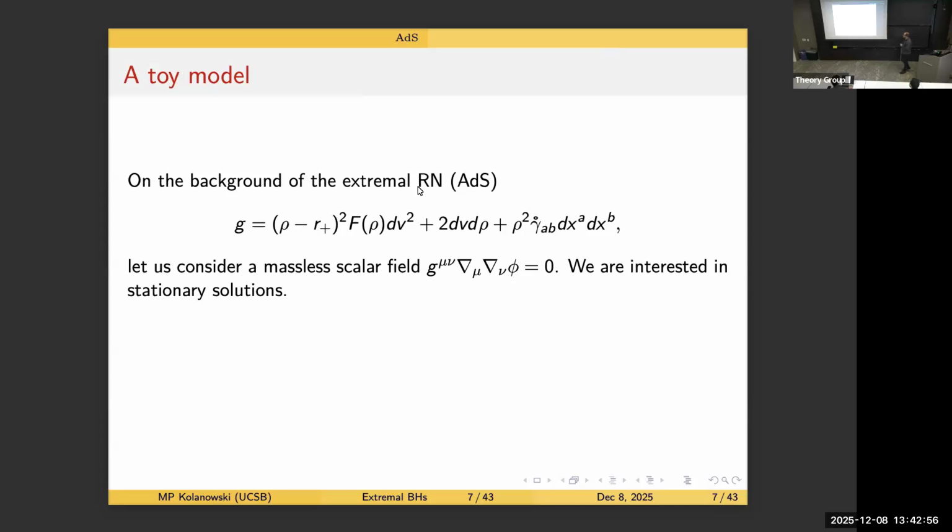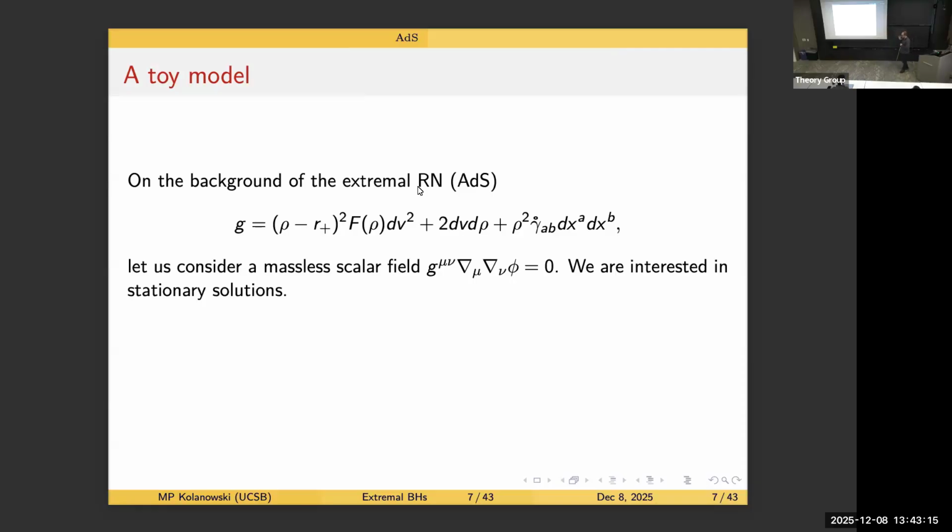So let me start with a very simple toy model. We have an extremal Reissner-Nordström black hole, possibly with cosmological constant, and on this background, we would like to solve the massless scalar field equation. So this is literally the simplest problem I could think of.